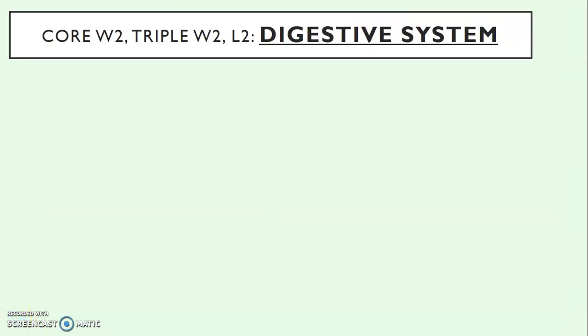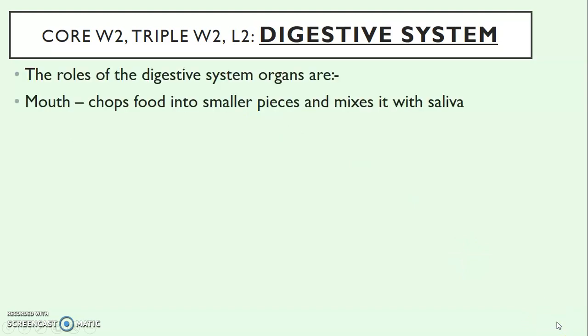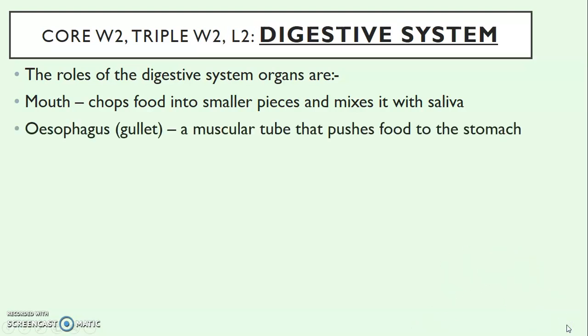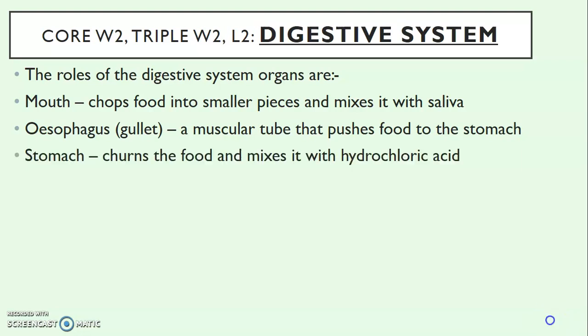So the facts that we would like you to learn from this lesson, the digestive system, are as follows, and it is the role of the major organs. So the mouth chops food into smaller pieces and mixes it with saliva. The esophagus or the gullet, again you can choose either, is a muscular tube that pushes food to the stomach.